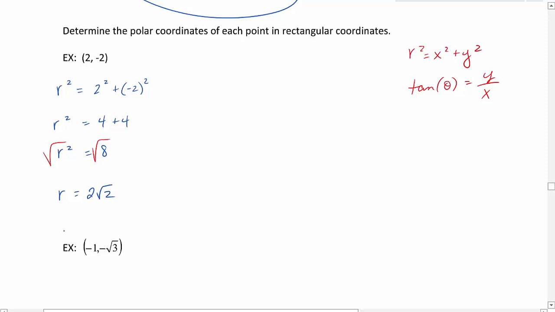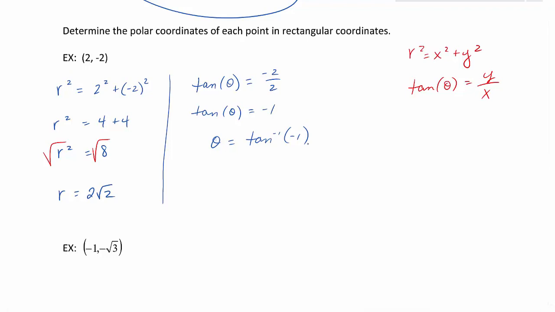Next, we need to find the theta. Here we're going to be using tangent of theta is equal to y over x. That means that tangent of theta is negative 1, and theta is going to be tan inverse of negative 1.